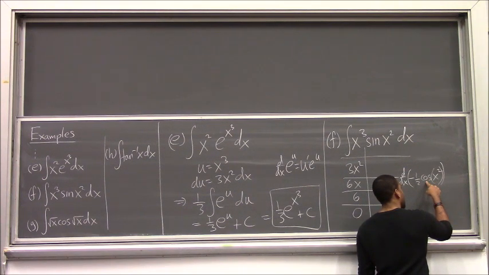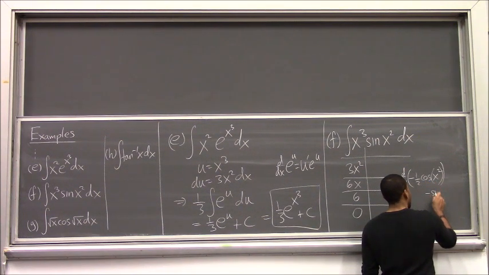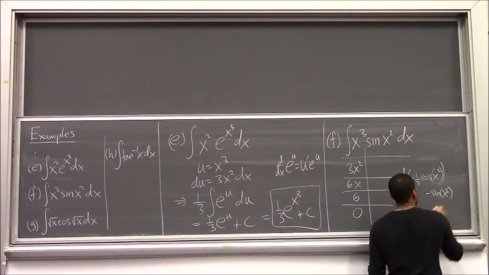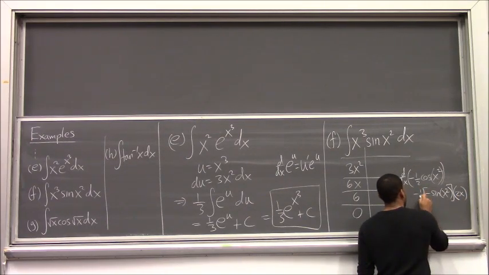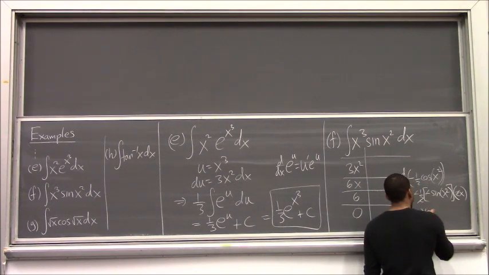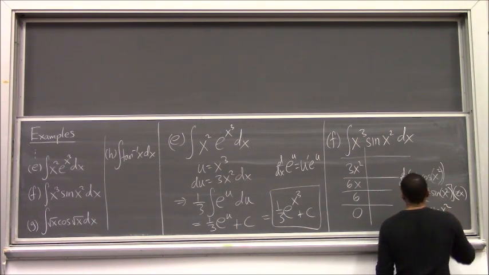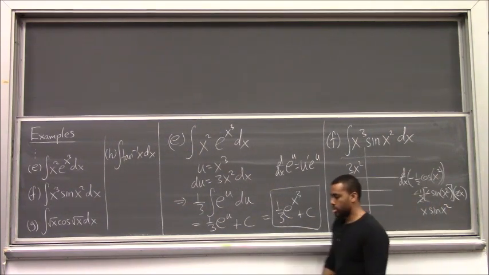To differentiate the outer function, it's going to be a minus sine of x squared, right? Times the derivative of the inside, which is 2x, times the negative 1/2 out here, right? So it will just give you what? It will give you x sine of x squared. So no, that is not the integral.